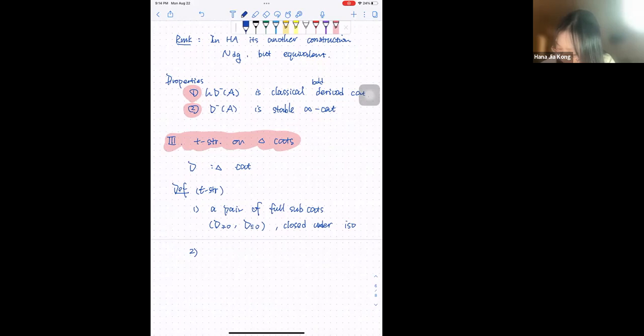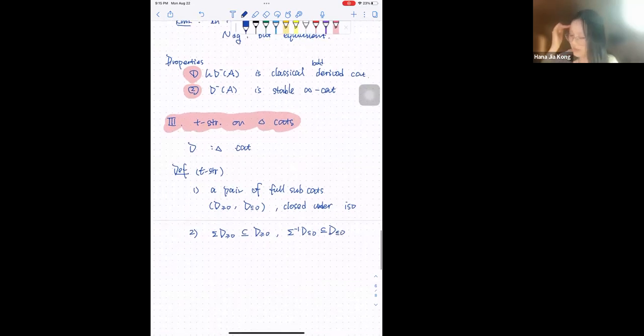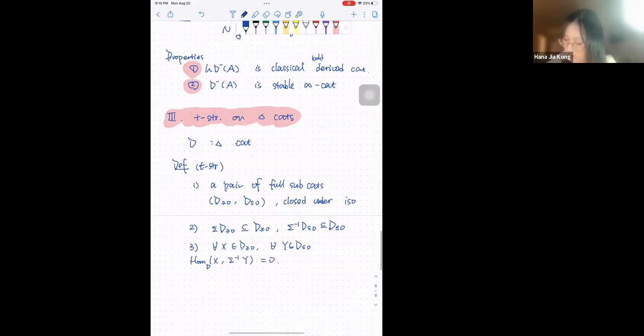And the second thing is that the greater or equal to 0 part is closed under taking suspension, and the smaller or equal to 0 part is closed under taking desuspension, or detranslation. And we have that for anything x in the greater or equal to 0 part and anything y in the smaller or equal to 0 part, if you look at the maps between x and the desuspension of y, then that's always 0.